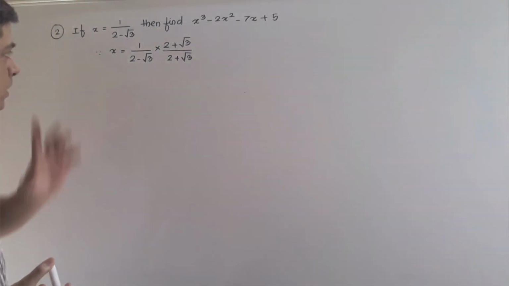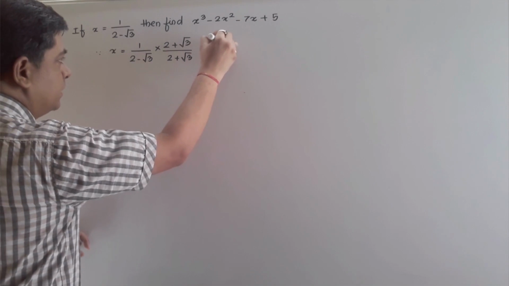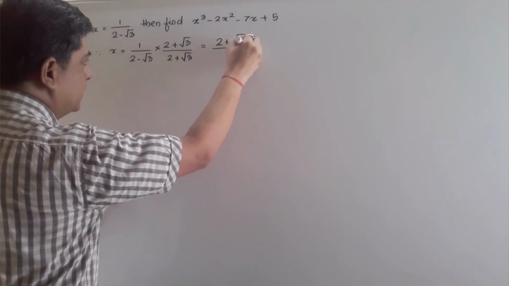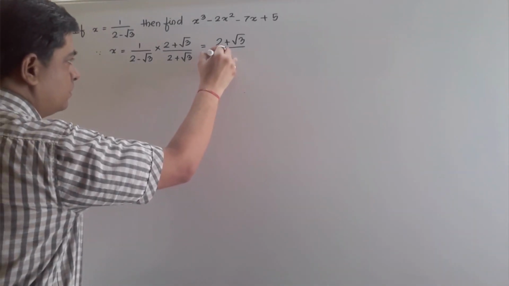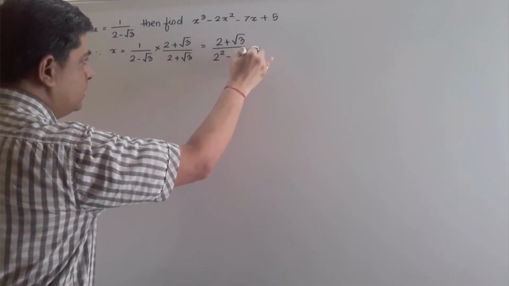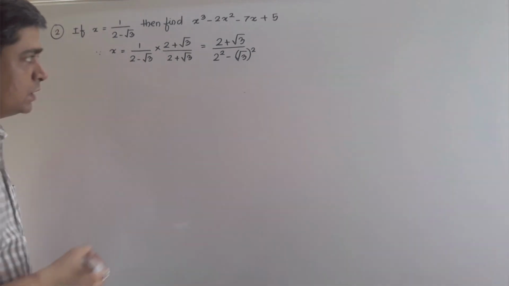Okay, so now if I rationalize, 1 multiplied by 2 plus root 3 will be 2 plus root 3, as it is. And in the denominator I will apply the formula a square minus b square. So this will be square of 2 minus square of under root of 3. Now what will be square of 2? That will be 4.